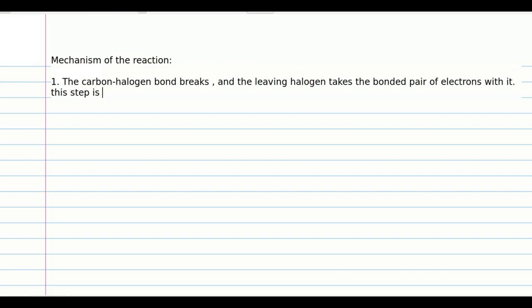This step is the slowest step, so we call it the rate determining step.